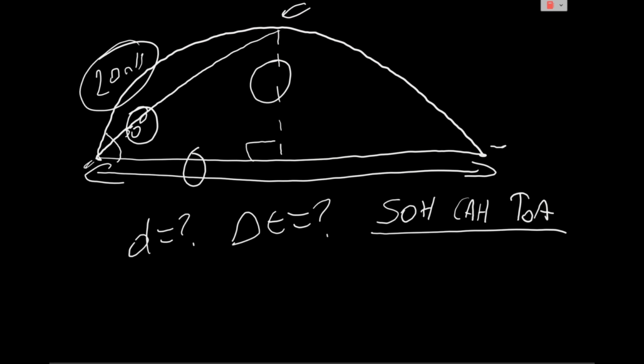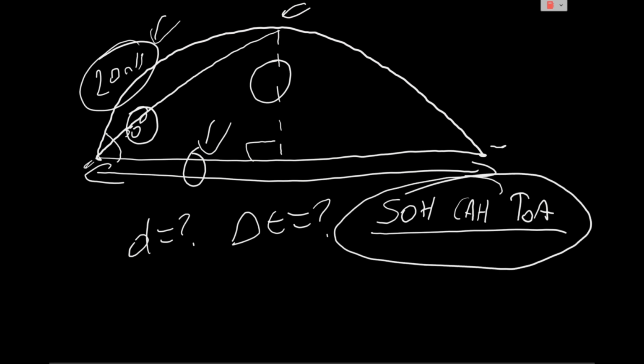Let's say, for example, we have this speed of the hypotenuse, and we want to figure out the horizontal speed. With this angle being our reference, we have a hypotenuse and adjacent side.